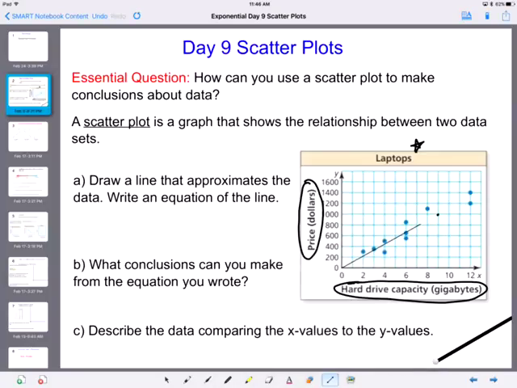So if we start at 0, 0, can we draw a line that has about the same amount of dots on either side? So I have about the same amount of dots on both sides. So what can we conclude from this? Can we write an equation of the line? Well, of course. We need our slope and our y-intercept.